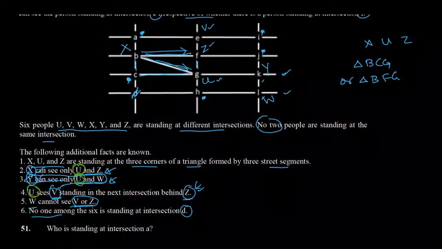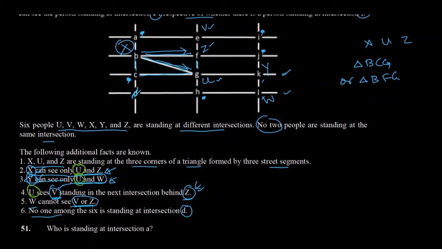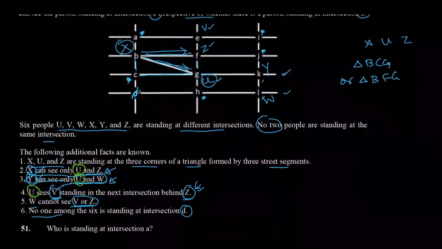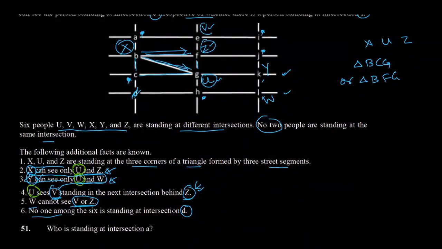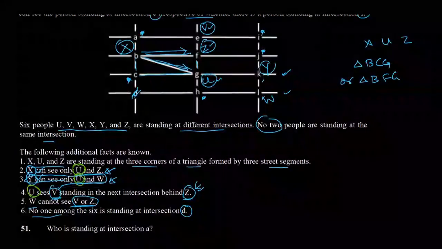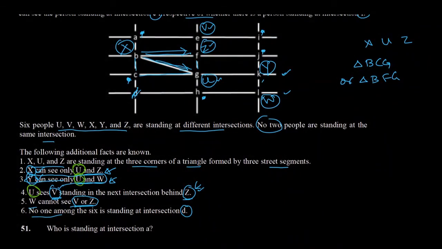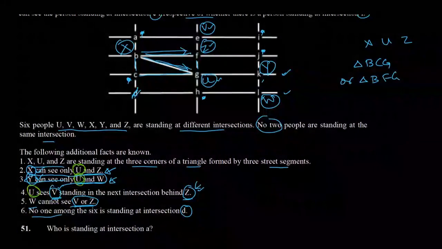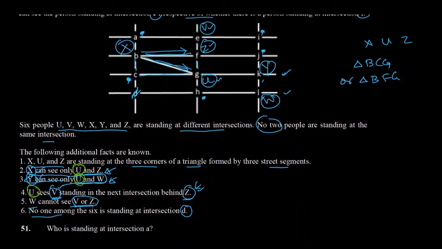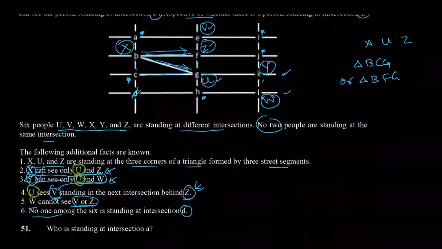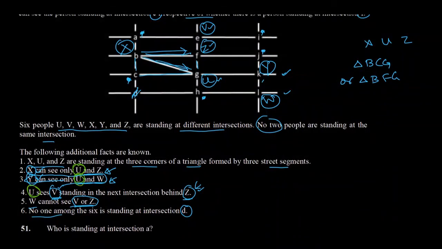So the order is X is in B, U is in G, Z is in F, V is in E, Y is in K and W is in L. So in this case all the conditions are fulfilled. X can see only U and Z, which is visible here.